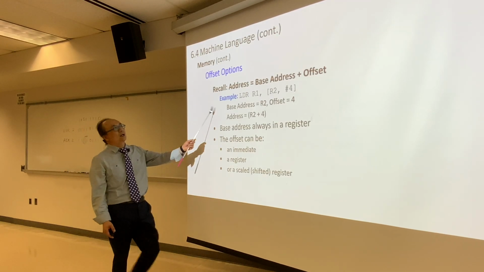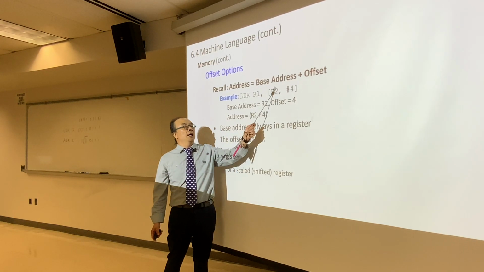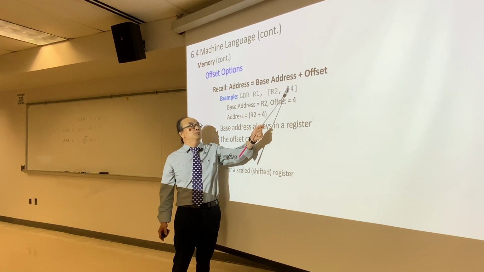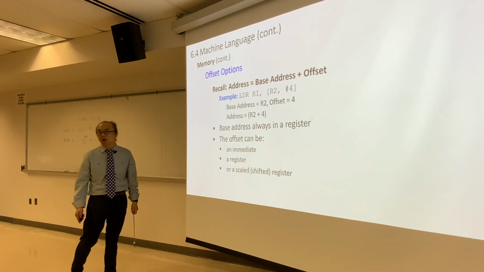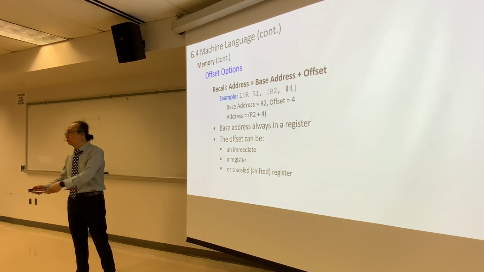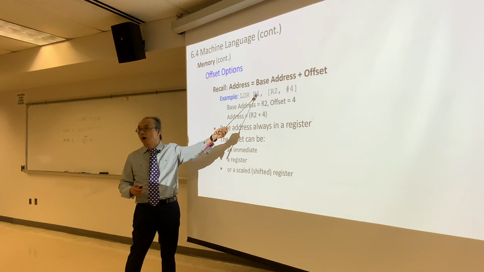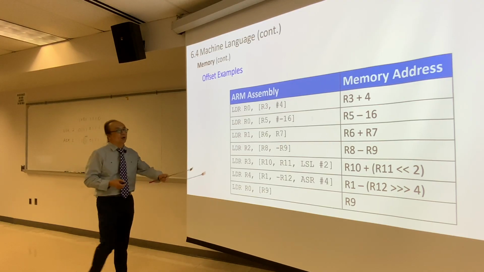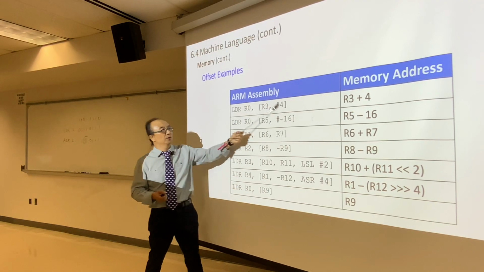In this kind of example, LDR R1 is our destination, and then offset plus R2 base address, that's the target address we want to go into main memory, bring it into register R1. And for LDR STR instructions, these are the variations of the different ones.